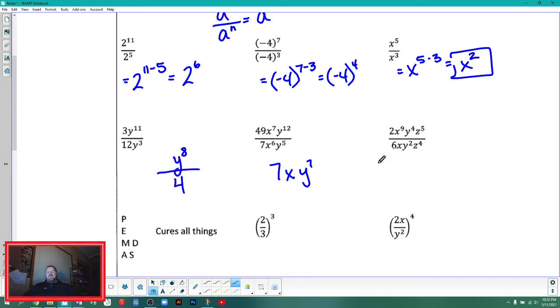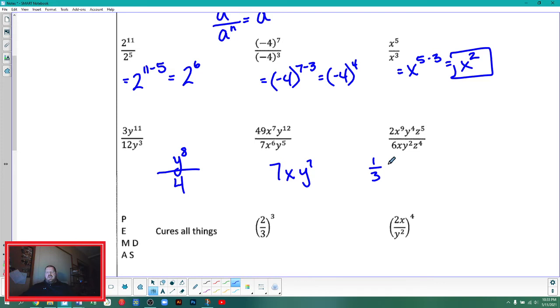Pretty quick and easy. On this one, I know that I'm going to have 2 over 6 is 1/3. So I'm going to have a 1 on the top, 3 on the bottom. I'm going to do some scratch work here to make sure I can keep everything straight. x-wise, I have x to the 9th over x.